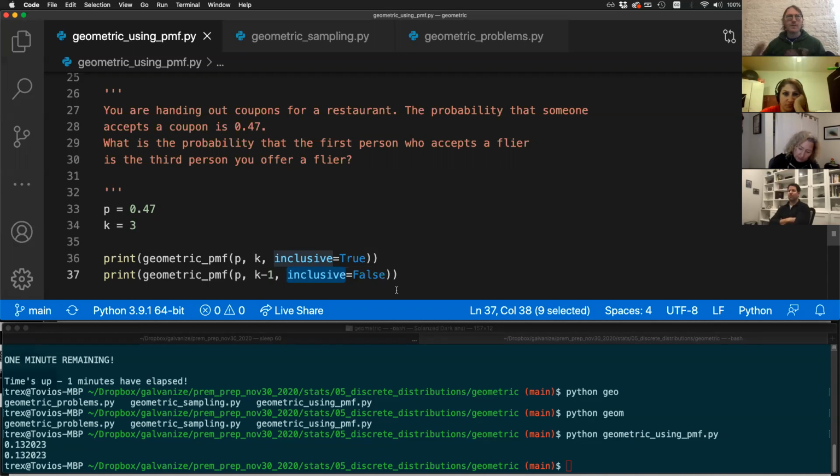I learned it as an inclusive PMF, and I never actually messed with it as an exclusive PMF. And then I saw it as an exclusive PMF, and I was like, oh, okay. But I think it's also sort of an interesting cultural facet. And in practice, you can see it one or the other way, and both ways are valid.